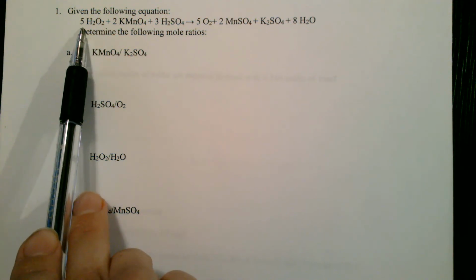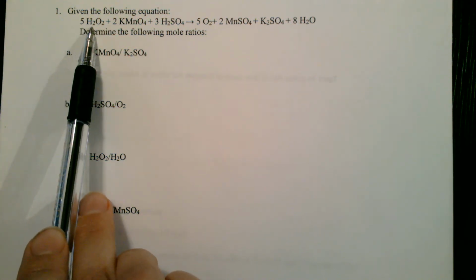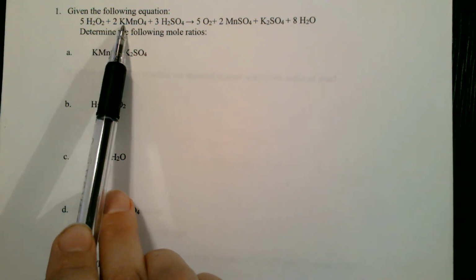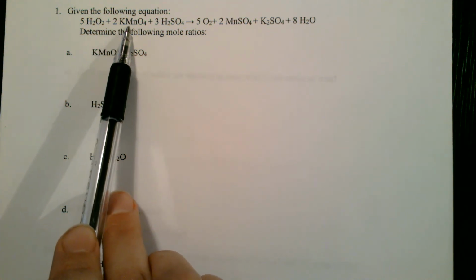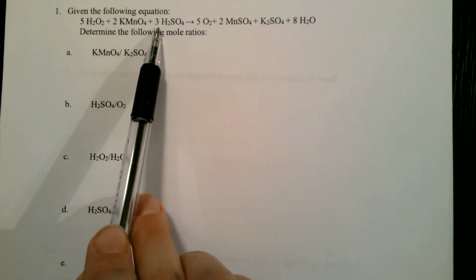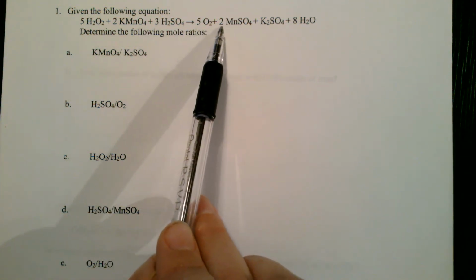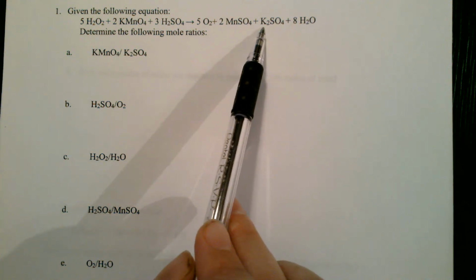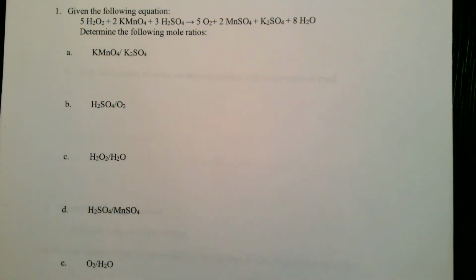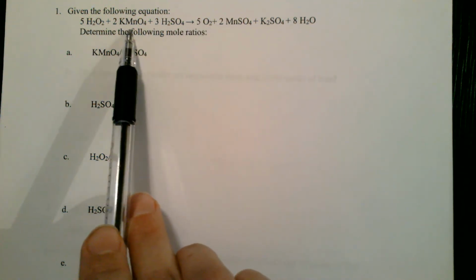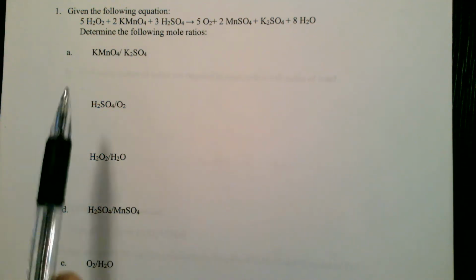So it takes 5 molecules of hydrogen peroxide to react with 2 of potassium permanganate and 3 of sulfuric acid to produce 5 oxygen, 2 manganese sulfate, potassium sulfate, and 8 water. So it's telling us how many you need and how many are produced in a reaction.